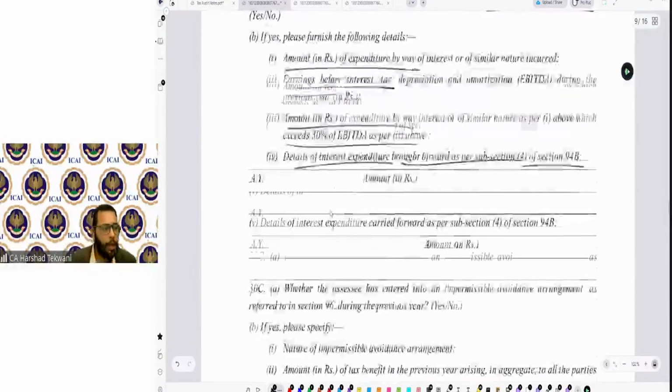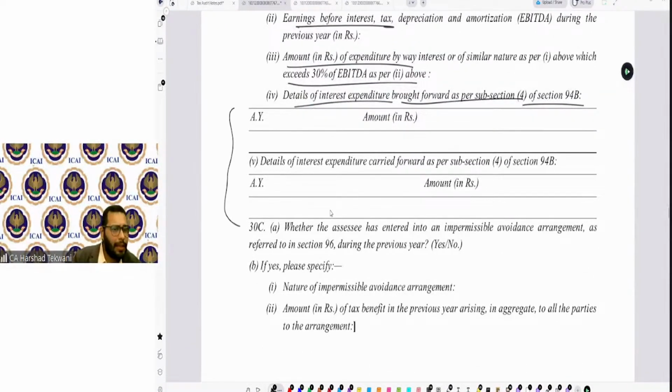You need to provide details in this particular format in the utility also. There are various conditions in the CBDT circular with respect to 94B, 94B(1), (2), which we need to verify over here, including the non-resident associated enterprise.